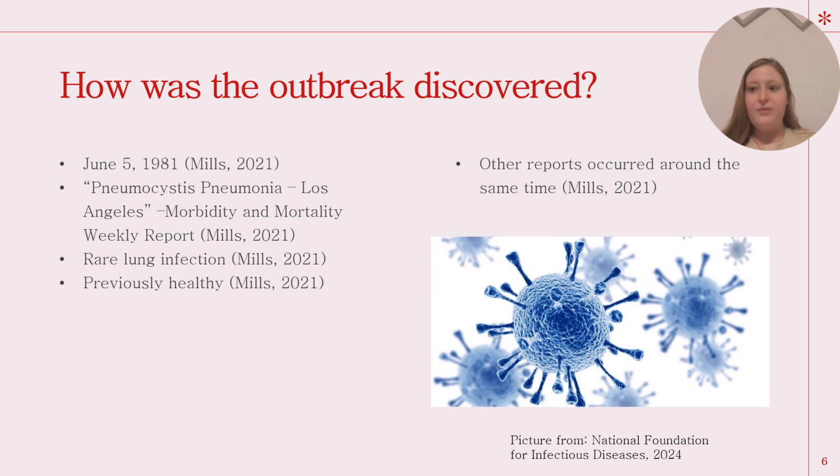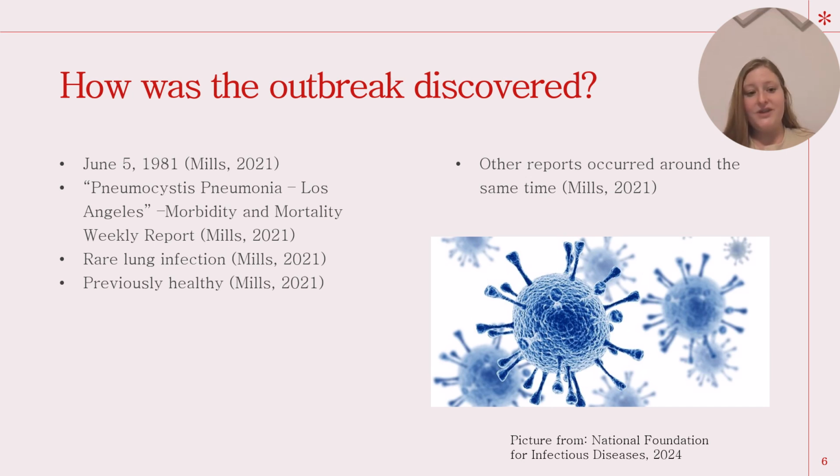How was this outbreak discovered? It was discovered on June 5th, 1981, in an article called Pneumocystis, my apologies, pneumonia, Los Angeles, and it was reported in the Morbidity and Mortality Weekly Report.